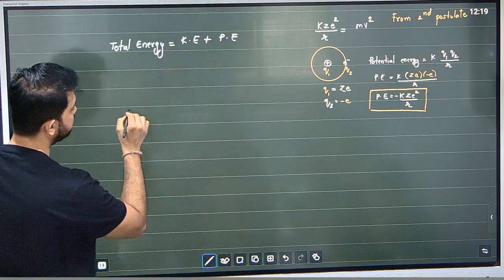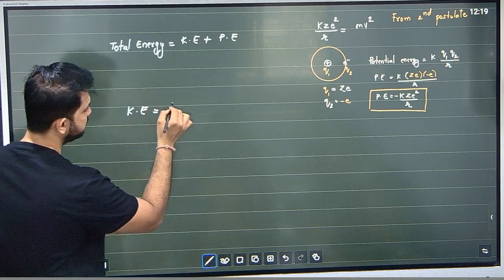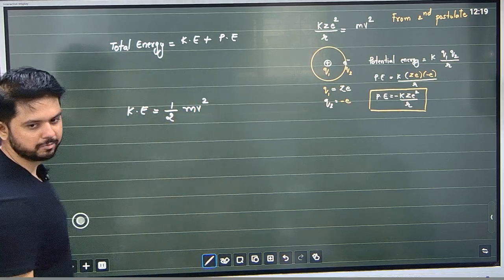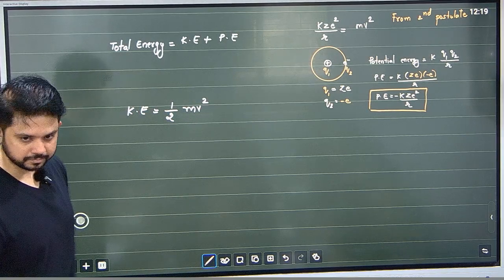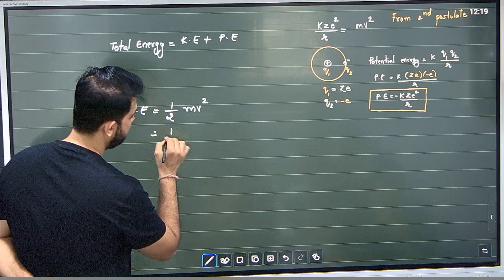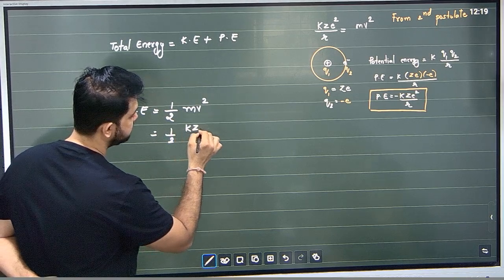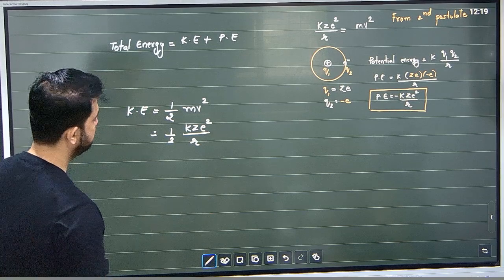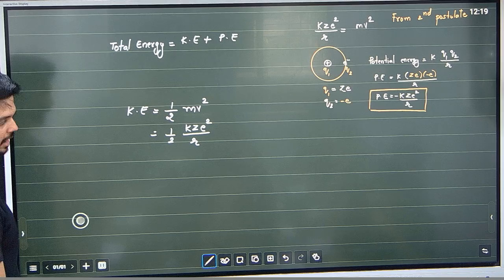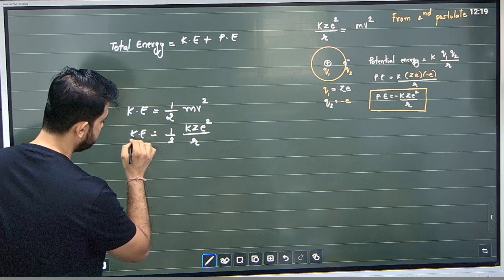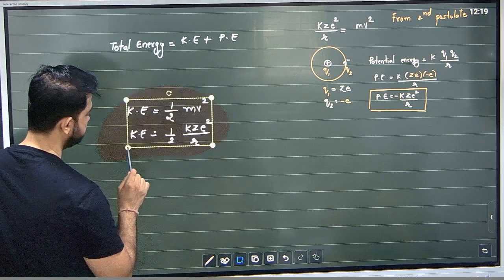What is the formula for kinetic energy? Half mv squared. Do you see mv square somewhere on the board? In place of mv square, what can I substitute? Half K Z E squared over R. Did you people get that? Anyone who did not understand that? Where did this come from? So this gives me the expression for kinetic energy. Yes or no?